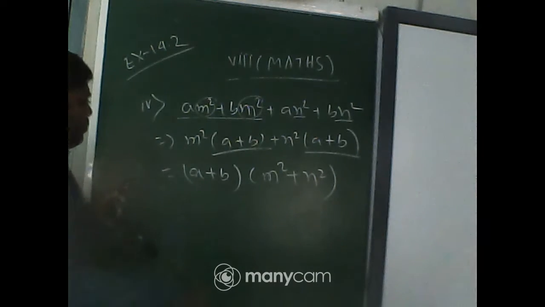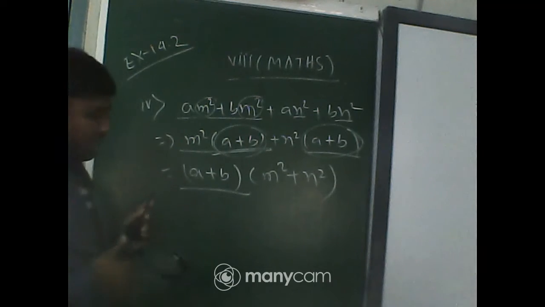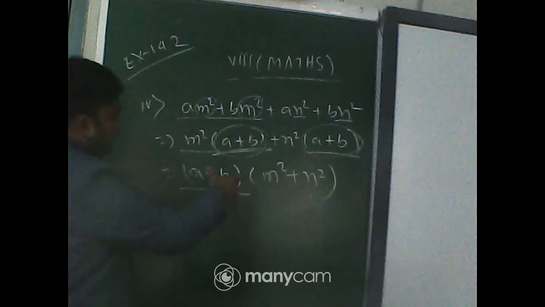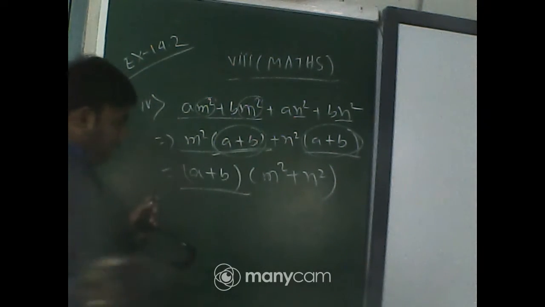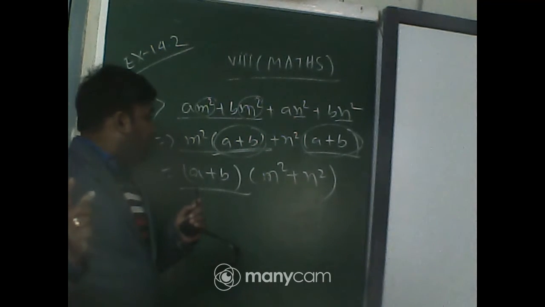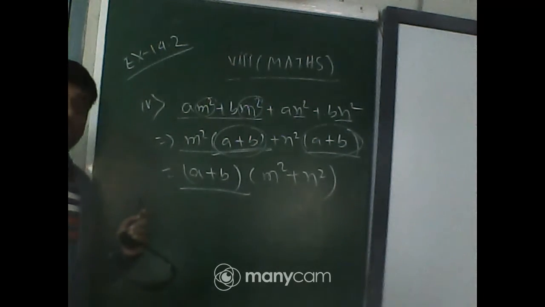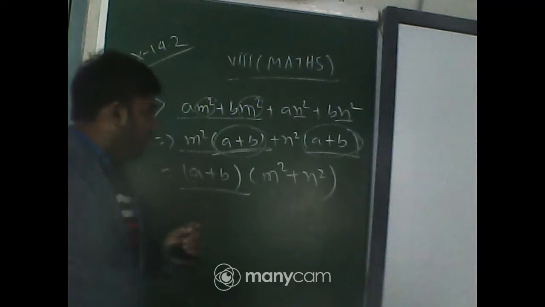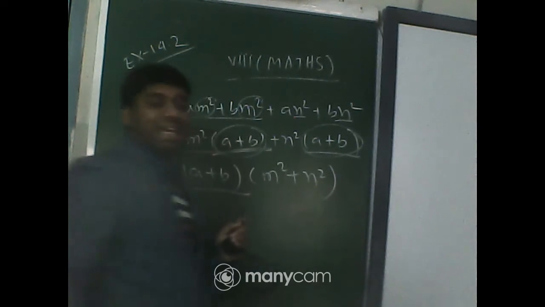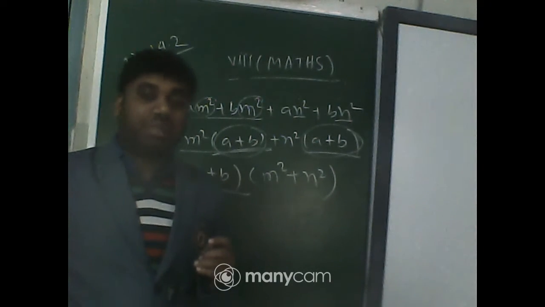Now a plus b is the common term. Taking it common from the m square part, the remaining part is m square. From the n square part, the remaining part is n square. So that is the factorized form. That is part 4 of question number 3.